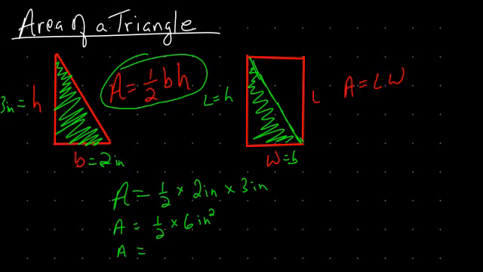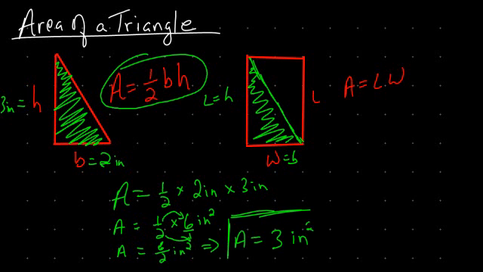You can think of this as 6 over 1, and when you multiply fractions, you multiply straight across, so 1 times 6 is 6, 2 times 1 is 2, so 6 over 2 square inches. This implies that our area is 6 divided by 2, which is 3 square inches.